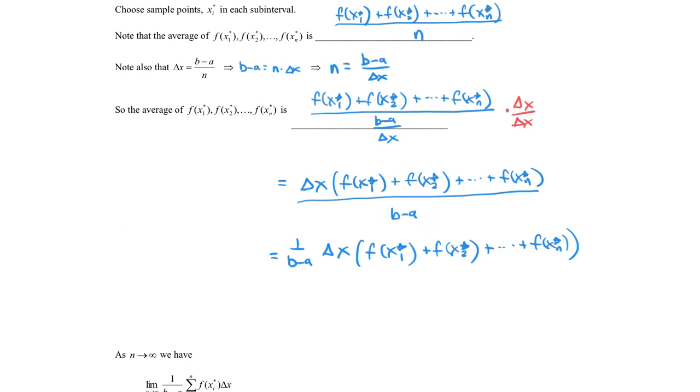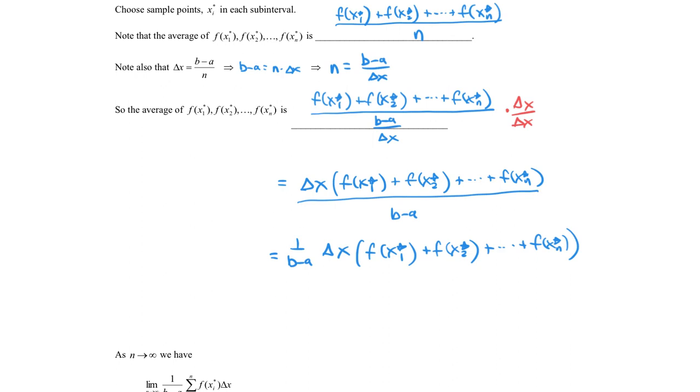All right, so far we're making some progress, but we want to write this a little simpler way, because if I have 1 divided by b minus a times all of this, I could really distribute this through. So a simpler way of writing that is to use sigma, summation notation.